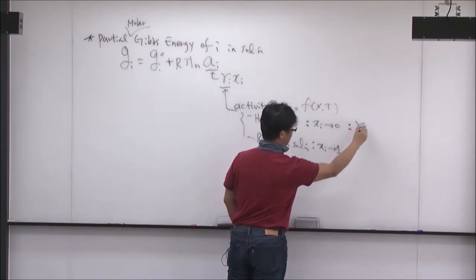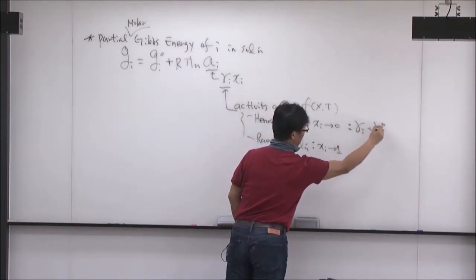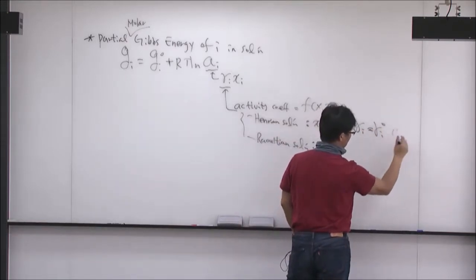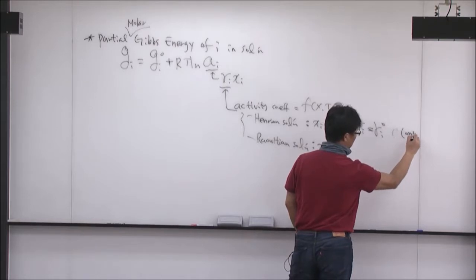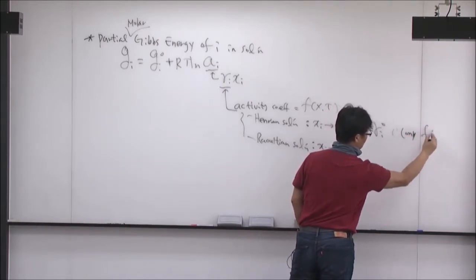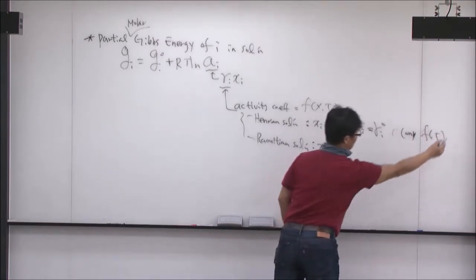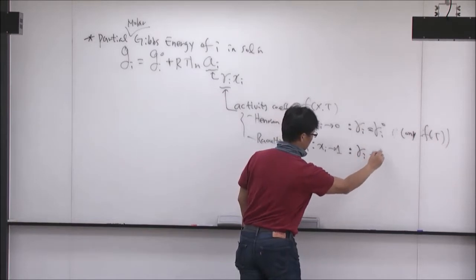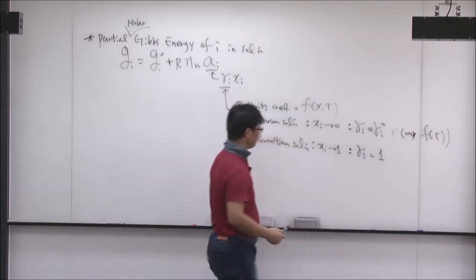In this case, gamma_i equals gamma_i naught, which is constant, so this is only a function of the temperature, independent of the composition. And in this case, gamma_i equals almost 1.